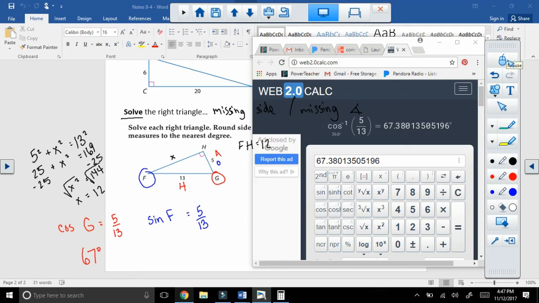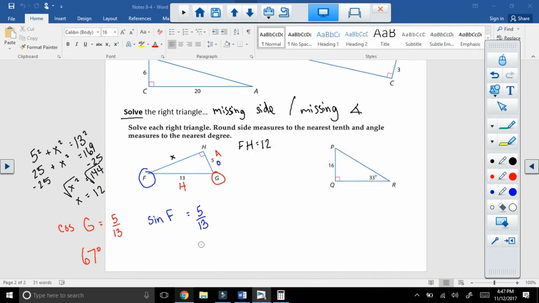So then for that next one, I'm typing in the inverse sine of 5 over 13. And that is about 23 degrees. So that will be important in just a second. So this angle is 23 degrees approximately. It's rounded to the nearest degree.